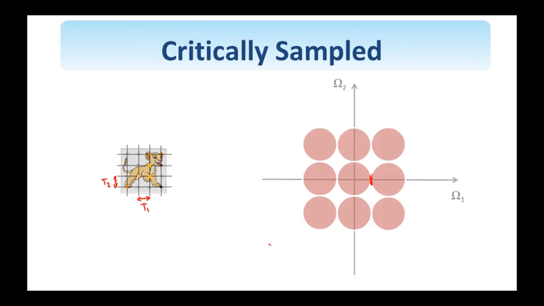And in this case, at least mathematically speaking, I can filter the baseband of the spectrum of the discrete signal, and then this will give me back the spectrum of the analog signal. Therefore, I'll be able to go from the discrete world back to the continuous world without losing any information.